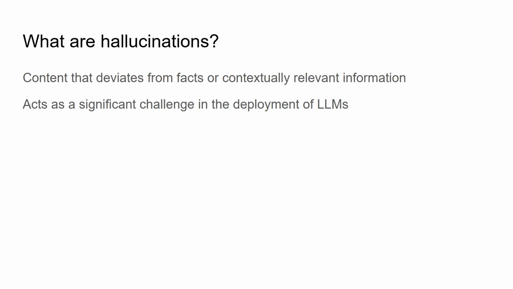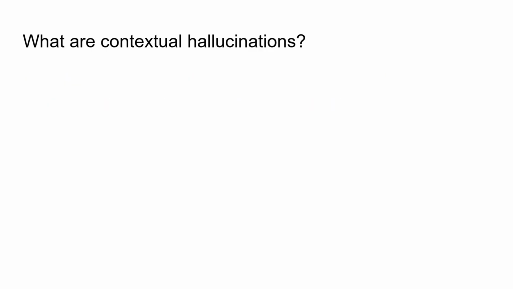So maybe we wanted to answer based on a news article, but the model deviates from that. So all of those are hallucinations. And this acts as a significant challenge in the deployment of LLMs because if you can't be sure what the model will say for a particular query, you don't really want to put this out on the web, right?